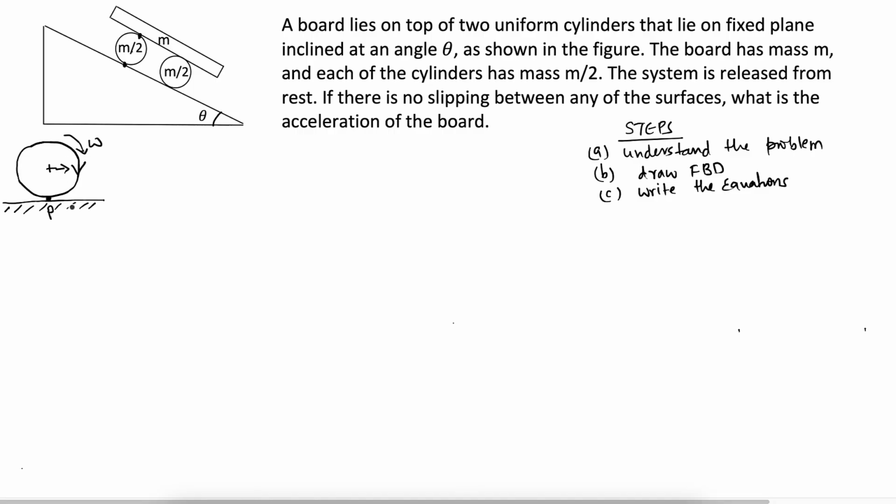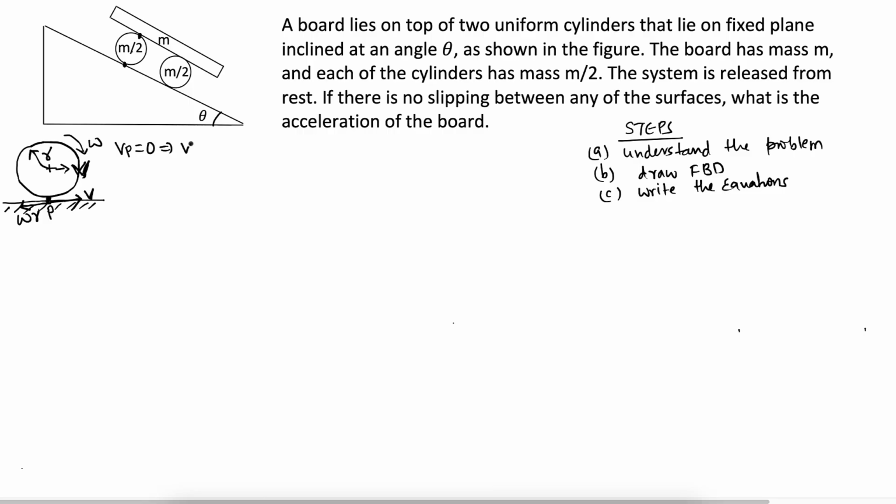How do we get it using mathematics? Since the entire cylinder is moving with velocity v, this point is also moving with velocity v. Correct? Now, because of omega r, this point also has a velocity in this direction, which is omega r. Let's assume that the radius is r. And if P is not slipping, the velocity of P is 0.